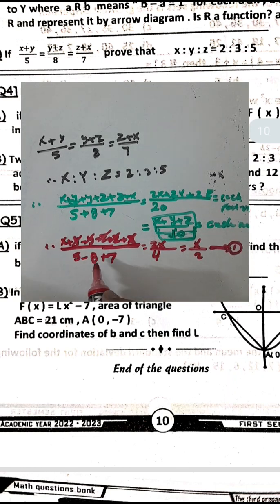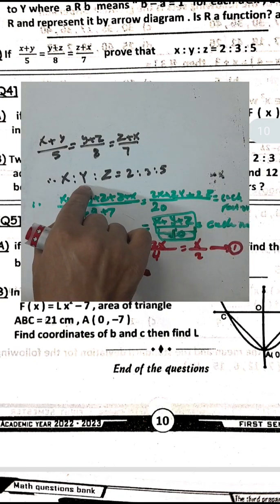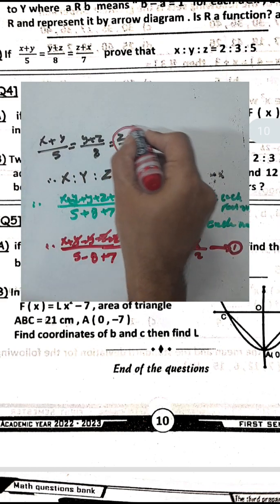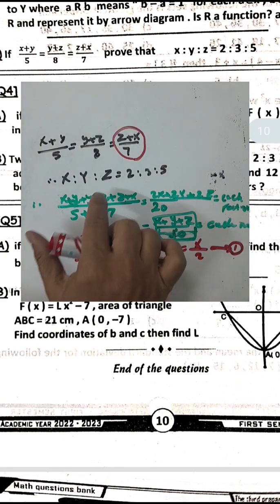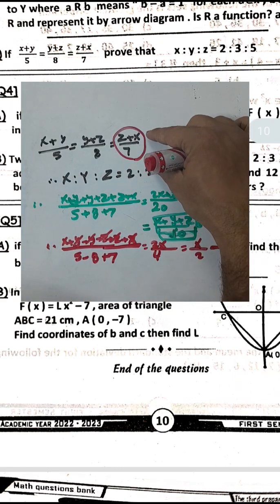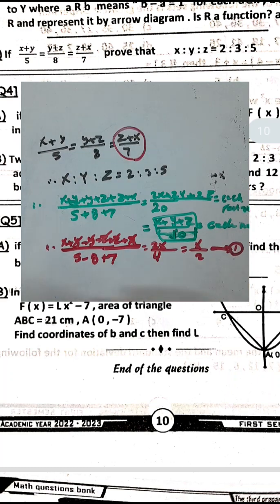Then the next relation: here we can cancel x and z. Multiply the third proportion by -1 and add the result to the first and second.